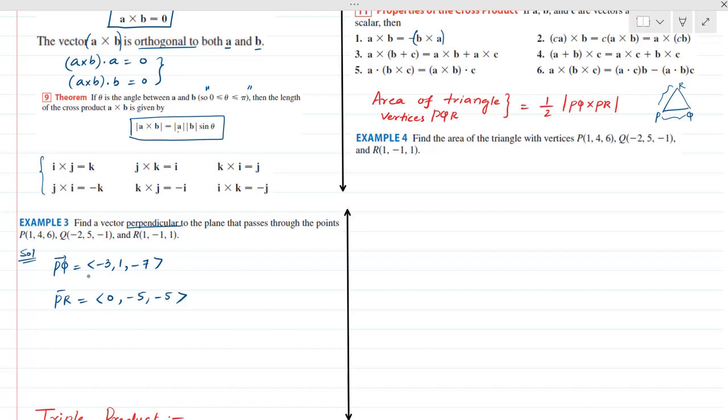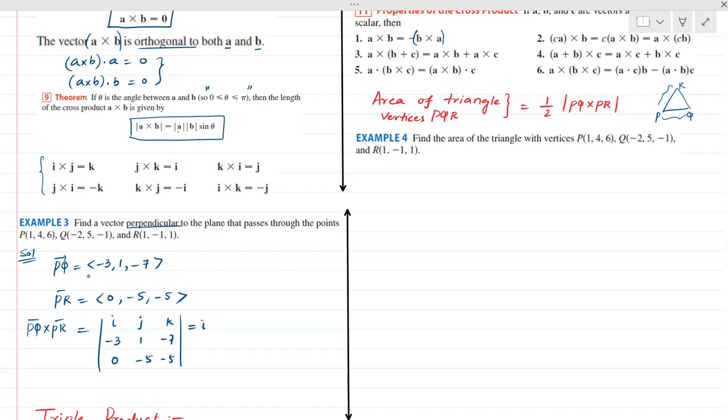I have to take the cross product of these vectors. So what is the cross product? PQ cross PR: i, j, k, then the components of PQ: -3, 1, 7, and of PR: 0, -5, -5.